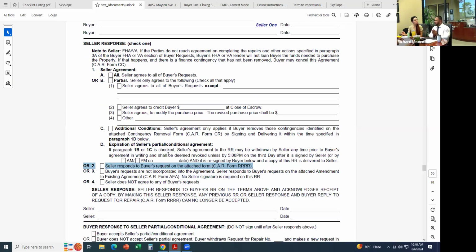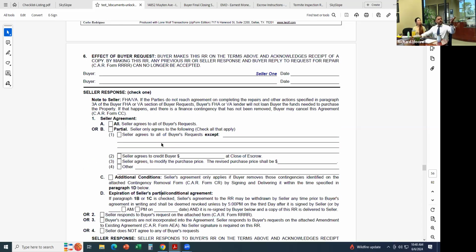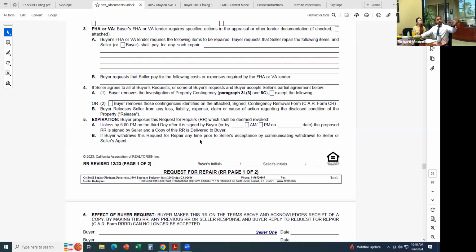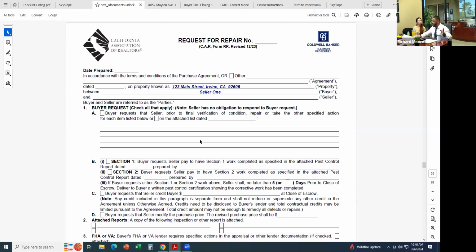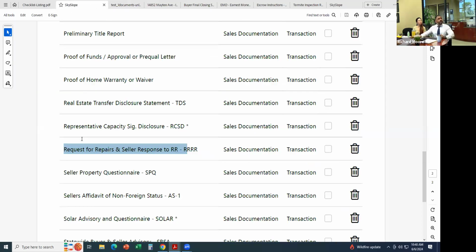And then both of those are gonna go together, and then the seller signs that, and then the buyer has an option to either accept it or send another request for repairs. But in most cases, it's usually just a request for repairs, and the seller will agree to it, or they'll just say, we're just gonna give them a credit of this amount in lieu of the repairs. So this is gonna be furnished by the buyer's agent, right, so any requests for repairs are asked for by the buyer.